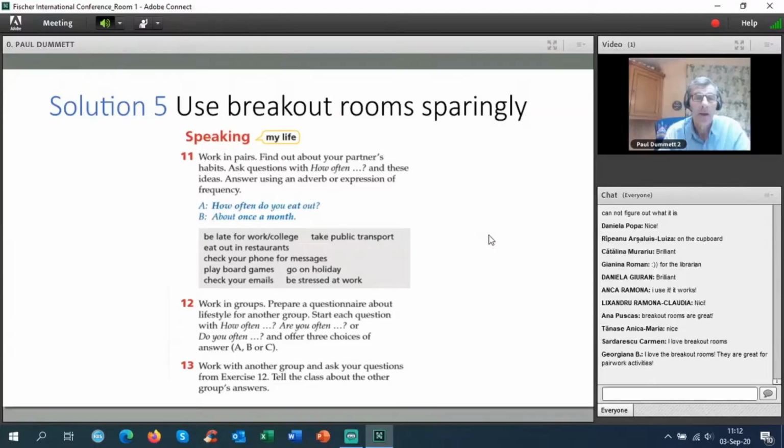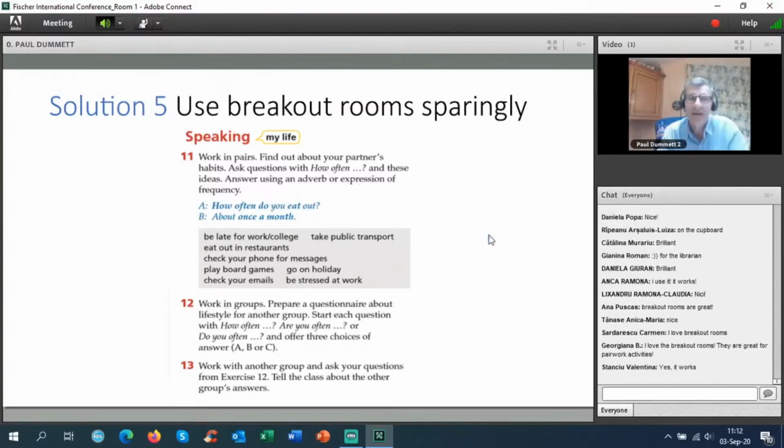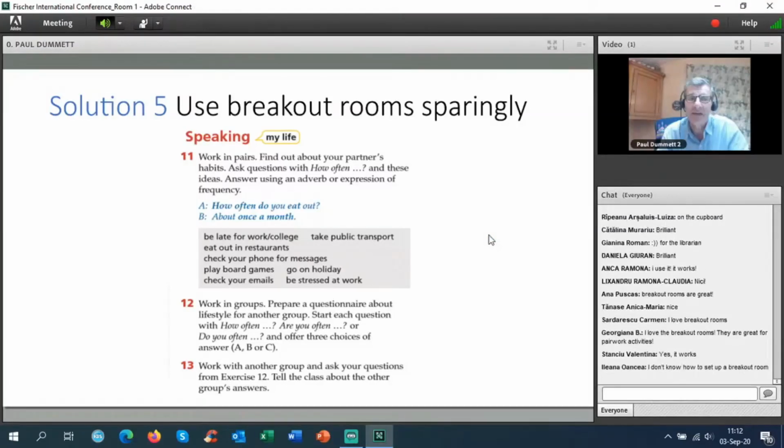You can see here that the mechanics of engineering this get quite complicated. What you probably want to do, if you had a fairly weak group, if they were struggling, is put them into breakout rooms for the first activity, to do some sort of safer, controlled practice there, and then perhaps you'd do the other two activities collectively.